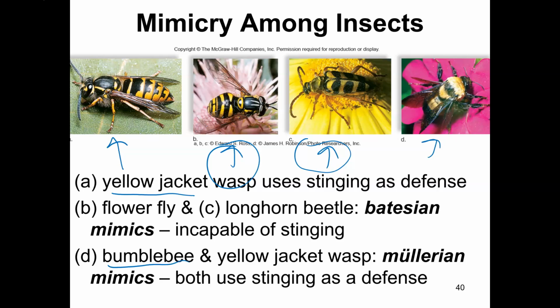If we captured them, if we were holding them, they wouldn't do anything to us. But when you look at them, they look similar to your yellow jacket wasp and your bumblebee. So these are protective Batesian mimics to the bumblebee and yellow jackets, which together are Mullerian mimics. Okay.